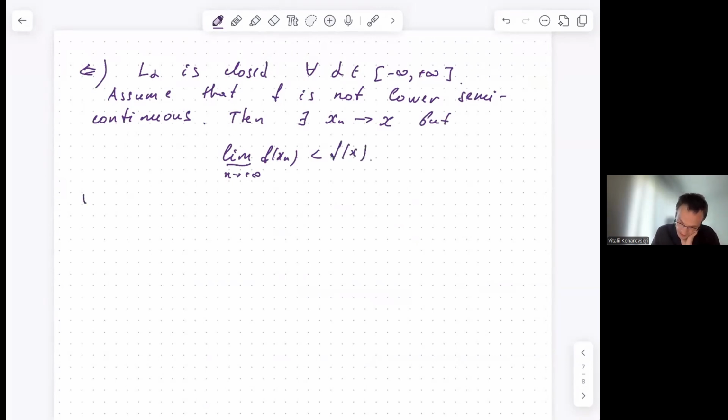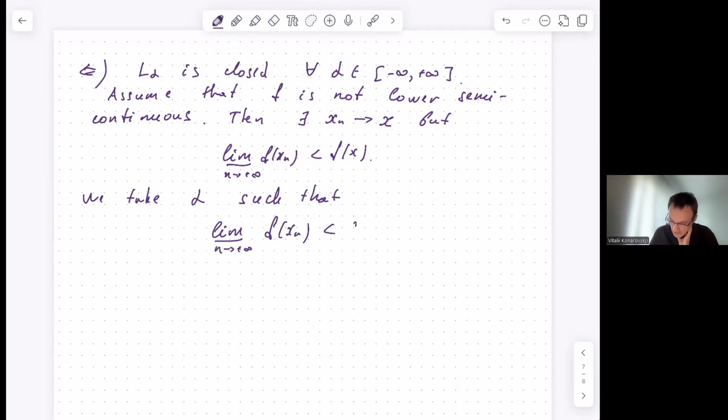And now we take alpha that is between the lower limit and the value of f at point x, such that the lower limit is less than alpha and less than f of x.